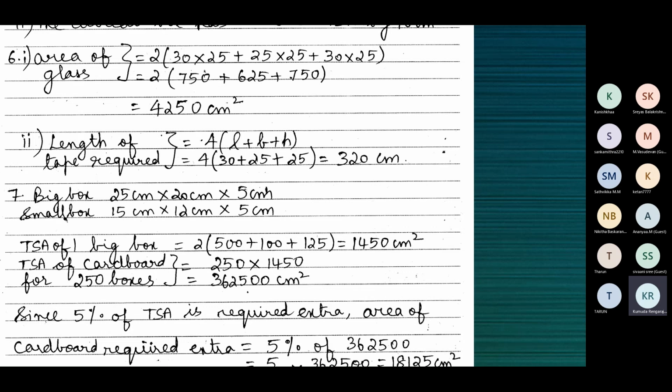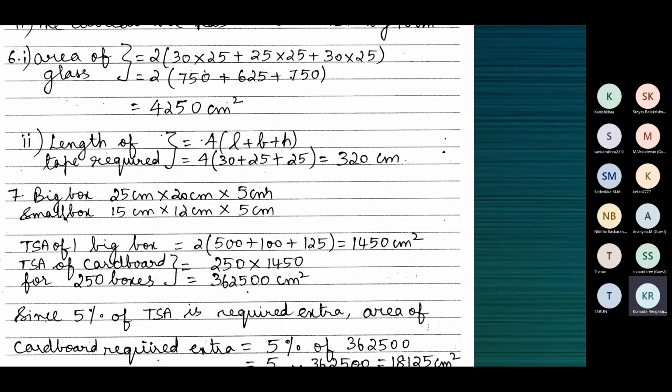Always L, B, H. So the length of the tape required is equal to 4 of L plus B plus H. Substitute L, B and H and you get 320 centimeters.